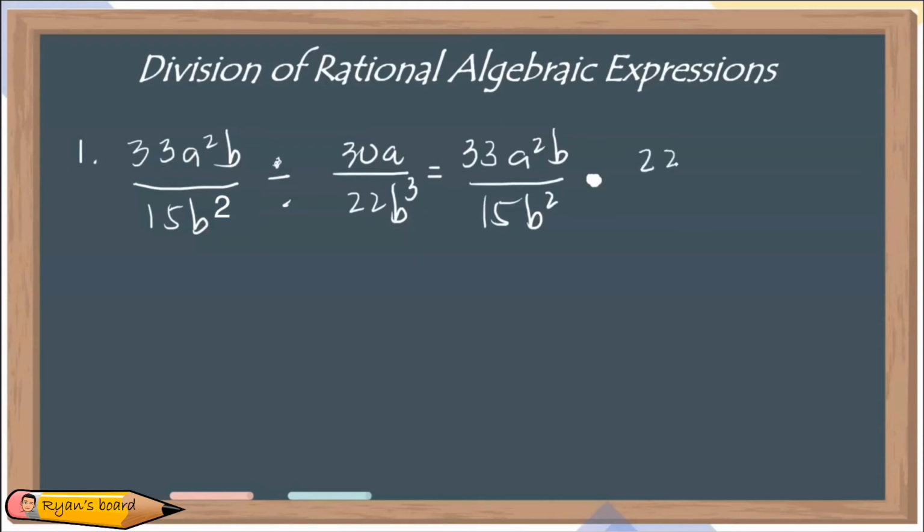So, this will become 22b cubed over 30a. Then, proceed to multiplication. Kaya sabi ko, halos magkapareho sila ng rules. Ang kaibahan lang nila, yung division, ginagawang multiplication, then you find the reciprocal of your divisor.